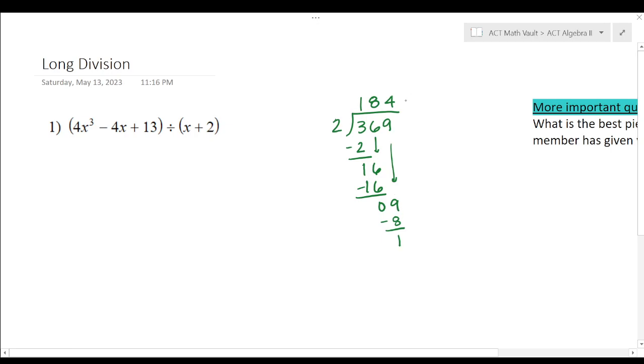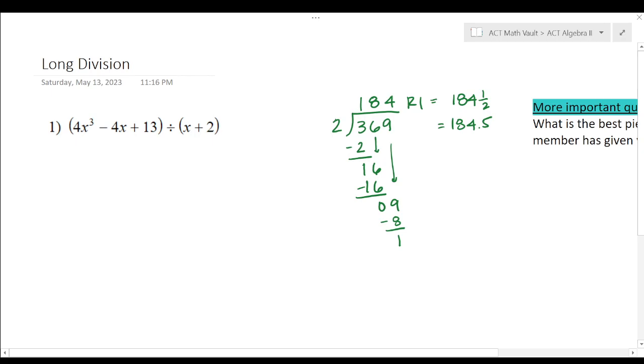In this case, we do. Grade school, you would have said R1, but what you might remember is that that also equals 184, and you take that 1 over this 2. So it's 184 and a half, or 184.5.